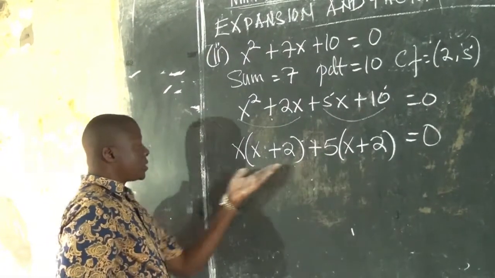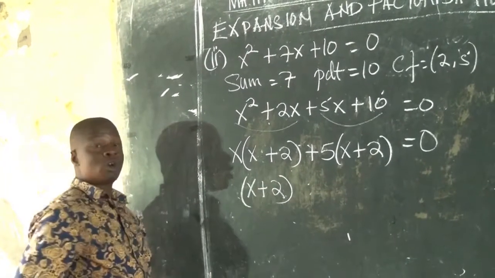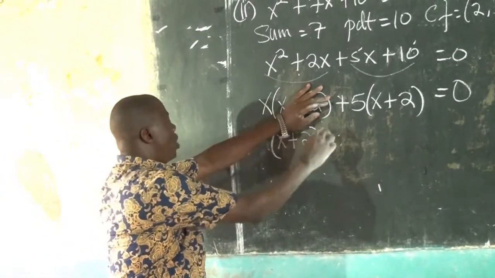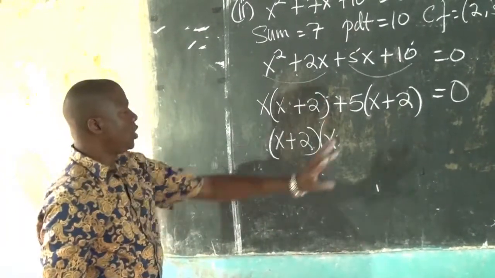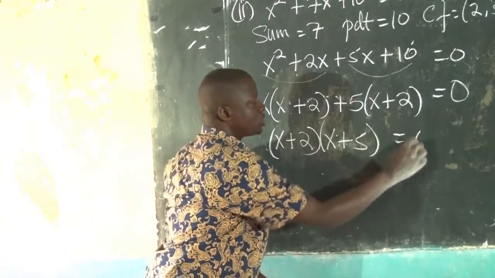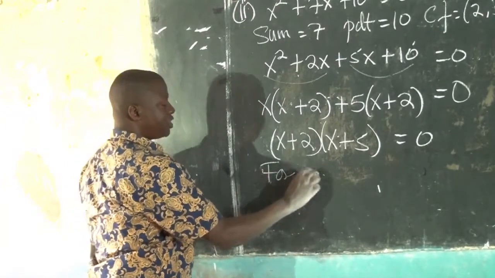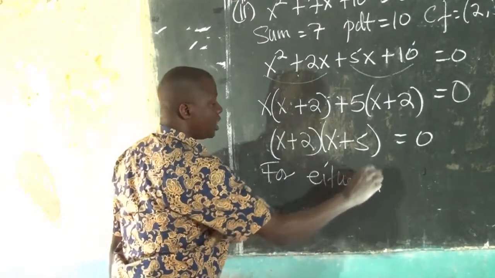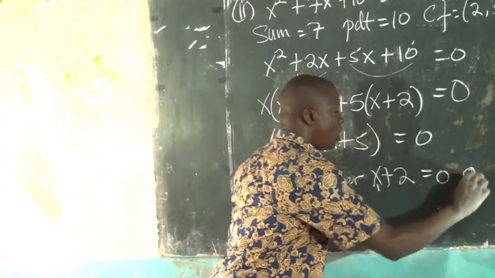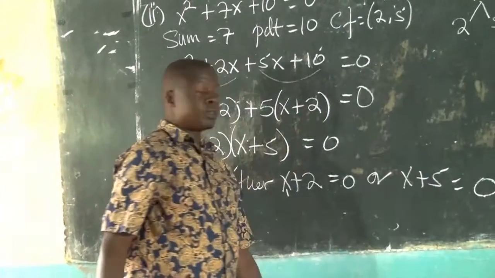We look at this. We see that x plus 2 is common. Cover this. There is something common, that is x. You also cover that. We look at 5 equal to 0. For either x plus 2 equal to 0 or x plus 5 equal to 0.